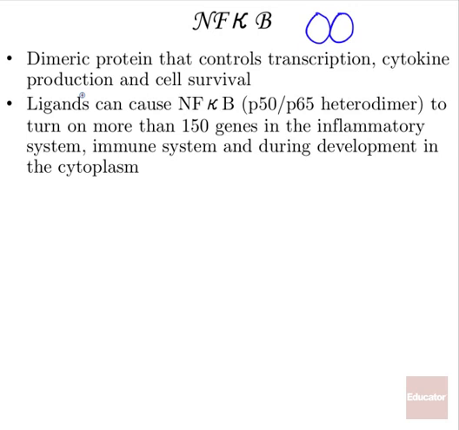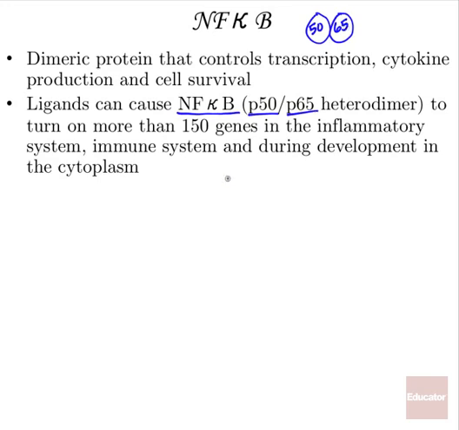Ligands, which are just things that bind, can cause NF-kappa B to turn on more than 150 genes in the inflammatory system and the immune system, as well as during development. In the cytoplasm, I mentioned that NF-kappa B is a dimer. That dimer is made up of the P50 and the P65 protein, therefore it is a heterodimer. So this might be 50, this would be 65, and then we have our heterodimer.